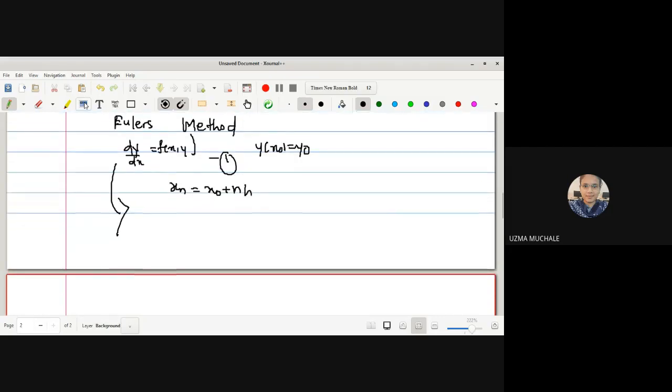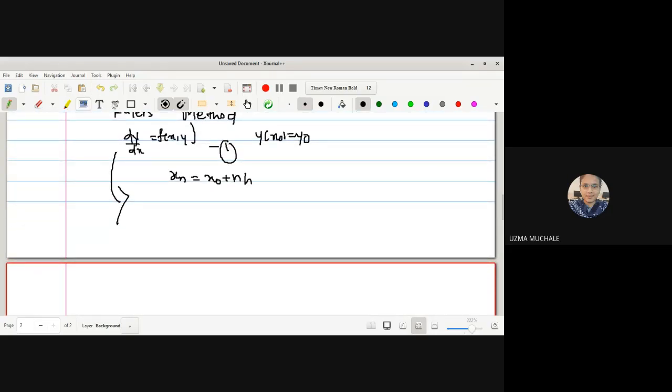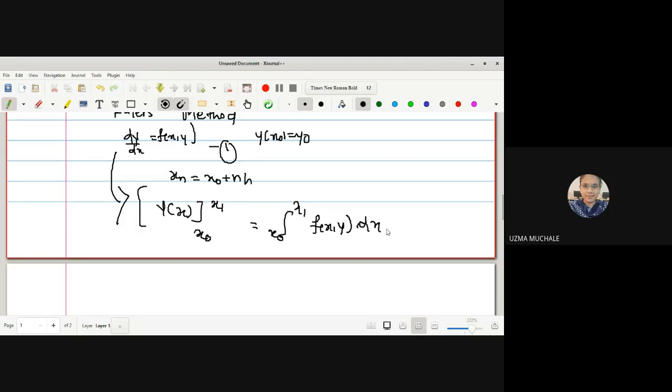As we are integrating with respect to x as well as having derivatives with respect to x, the resultant we will get is the function itself, that is y of x, within the limit x naught to x1. Since we do not know what the function f is, we will keep it as it is.